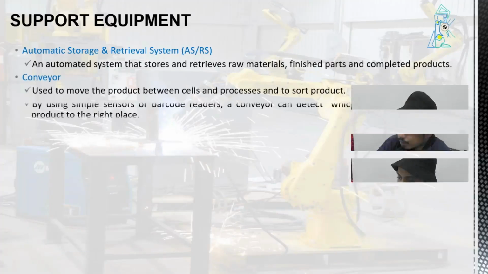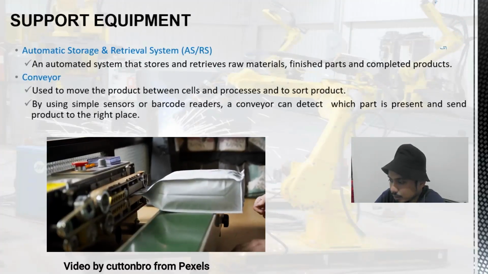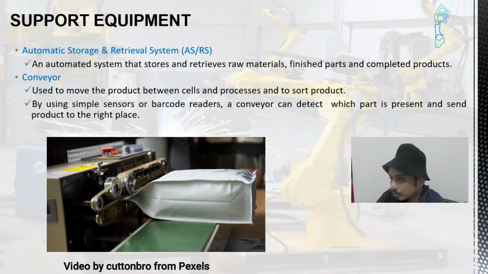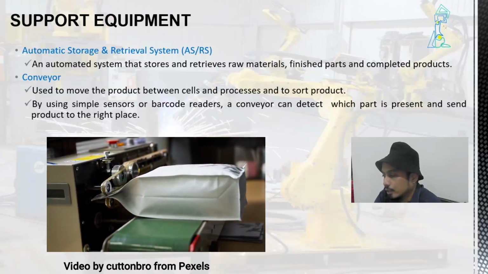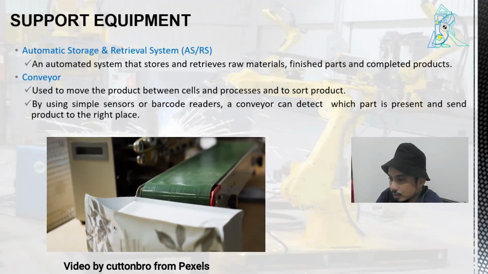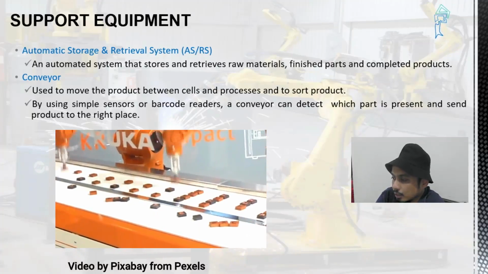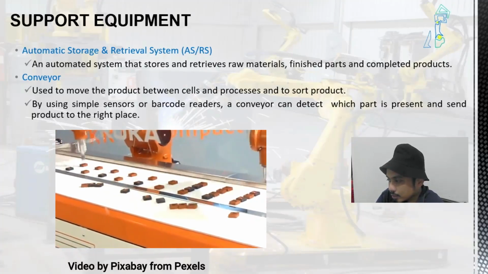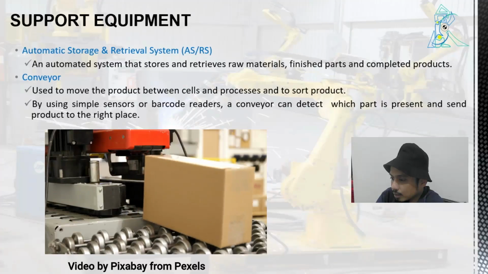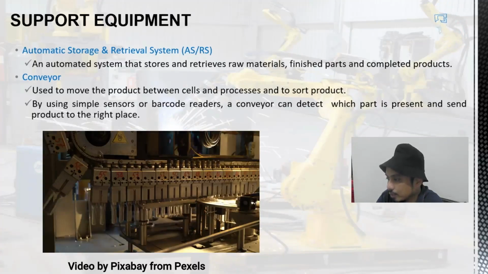Okay, and also the conveyors are the support systems, like the belt system and the railway systems, that bring the products or pass the products from one point to another point, or between the cells and the next process of the products, especially in the case of filtering, processing, and packaging.